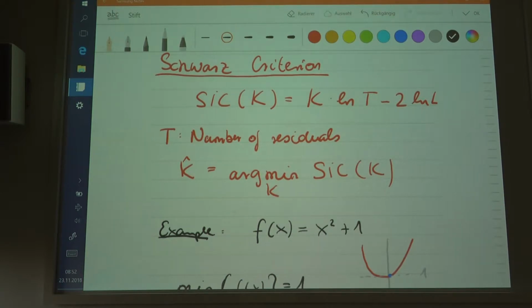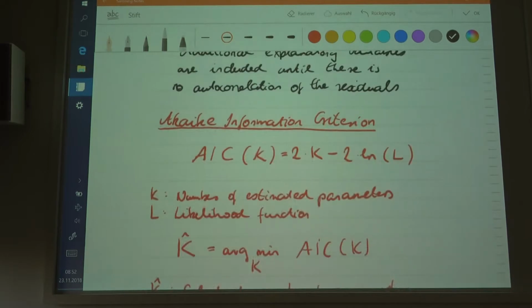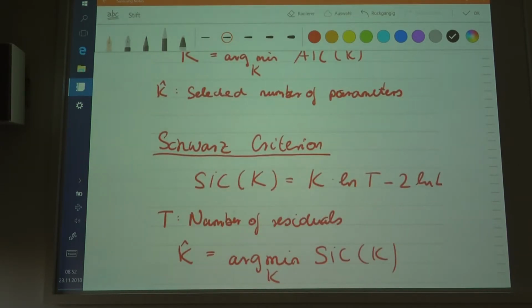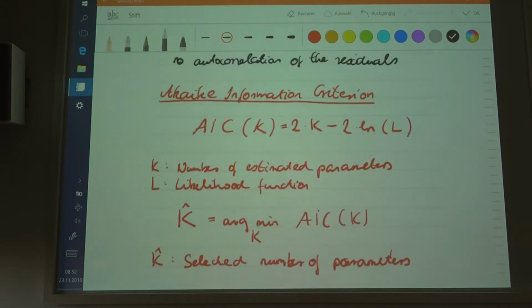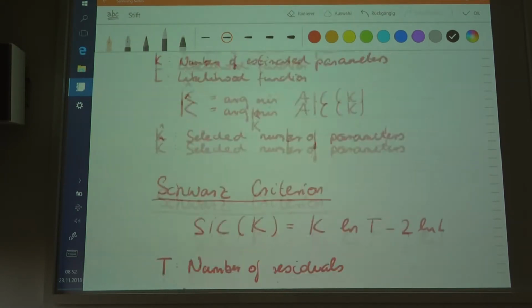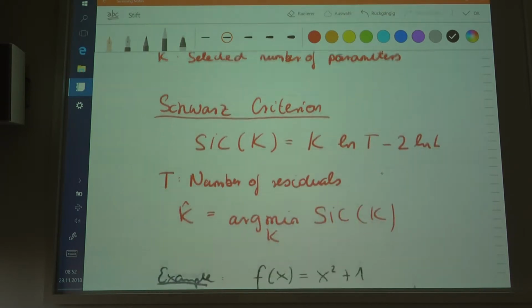Now here in this case you will see that the penalty for larger models is higher, compared to that one. You have k times ln of T minus 2 times ln of the likelihood. So this means that the Schwarz criterion penalizes higher order models more.